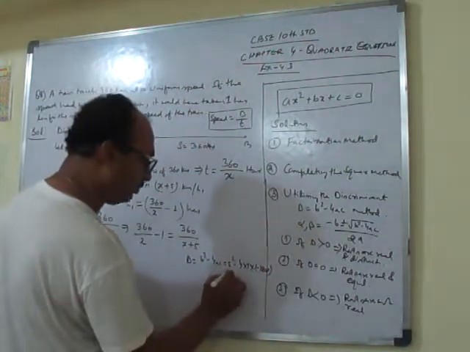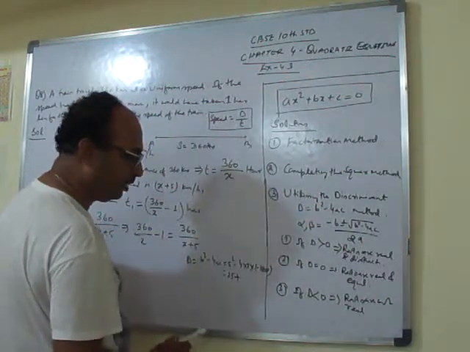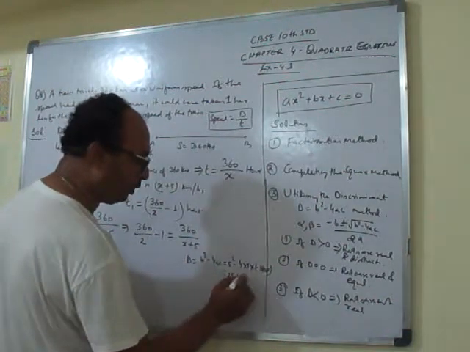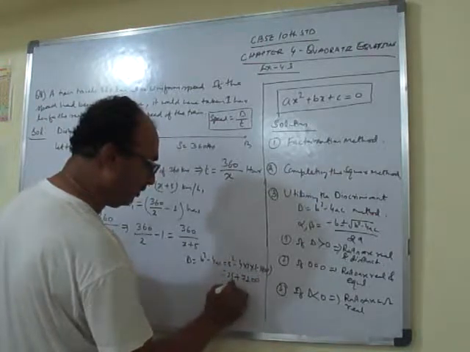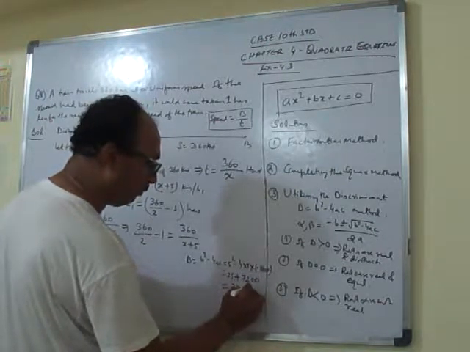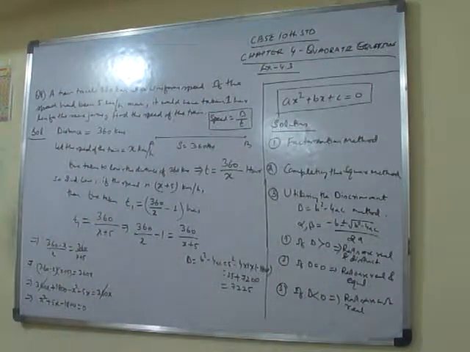So this will become 25, minus minus will make it plus, and 18 into 4 is 72, so 7200, and it gives you 7225.